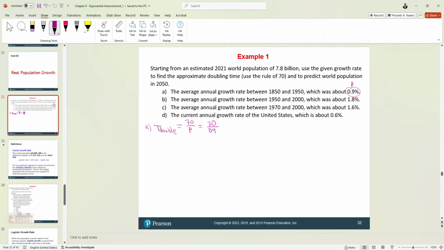Sorry. That gives us, at this rate, it takes about 77.8 years to double. So under these assumptions, if we use the same formula, again, these types of formulas, we covered them in the previous videos.